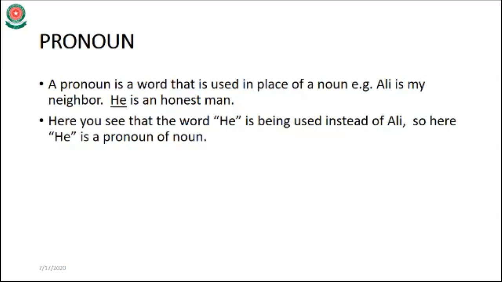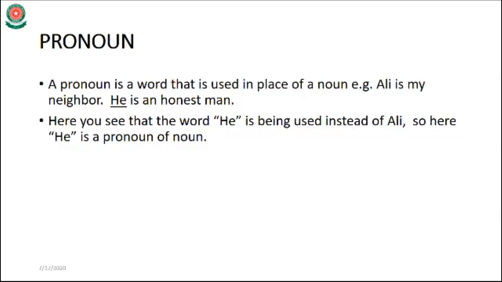In the first example, Ali is my neighbor. Ali is a noun. And in the second, he is an honest man. He is a pronoun. He is used instead of Ali. So here he is a pronoun for the noun.